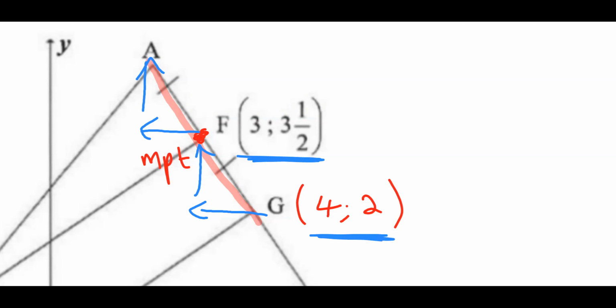To the left it shifts 1 unit, and then up it shifts 1.5. That's correct. So if you move point F 1 unit to the left and 1.5 units up, where will you end up? 2 and 5. Yeah, and that's the exact coordinates that they gave us.